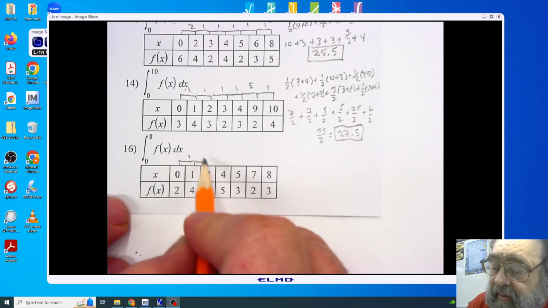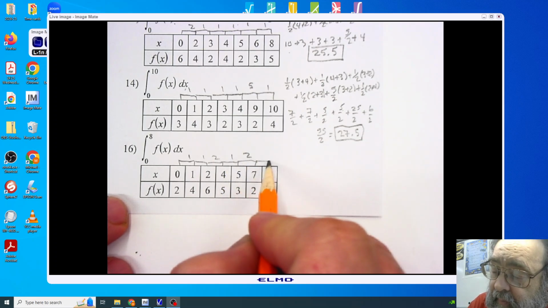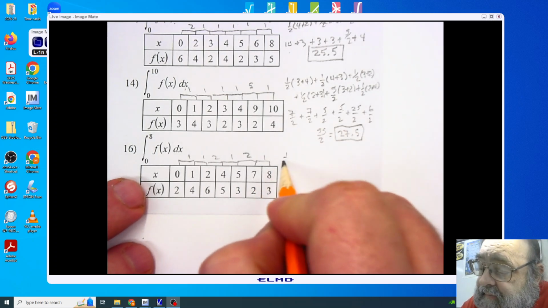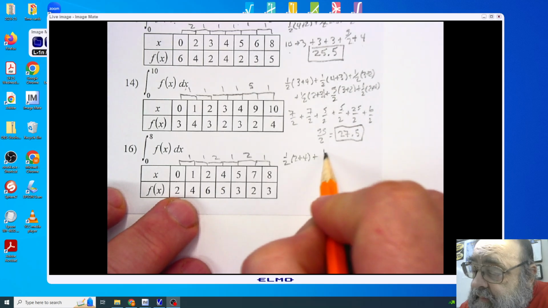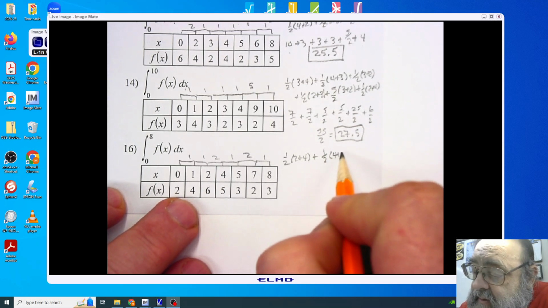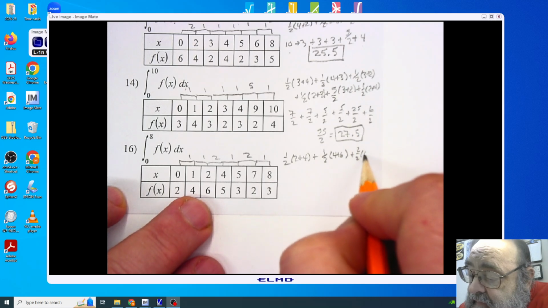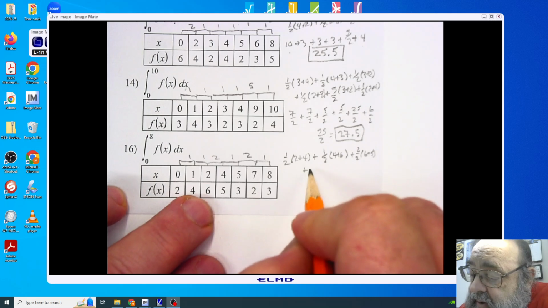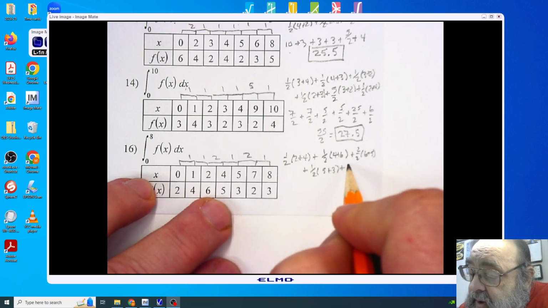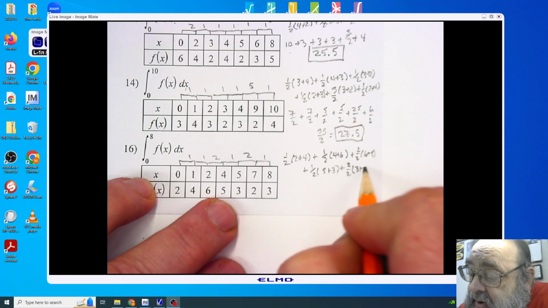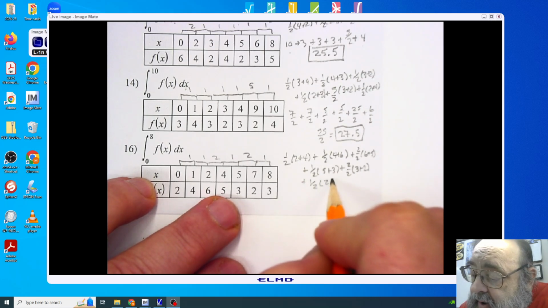Gap of 1, gap of 1, gap of 2, gap of 1, gap of 2, gap of 1. 1/2 times 2 plus 4, plus 1/2, 4 plus 6, plus 2 halves, 6 plus 5, plus 1/2, 5 plus 3, plus 2 halves, 3 plus 2, plus 1/2, 2 plus 3.